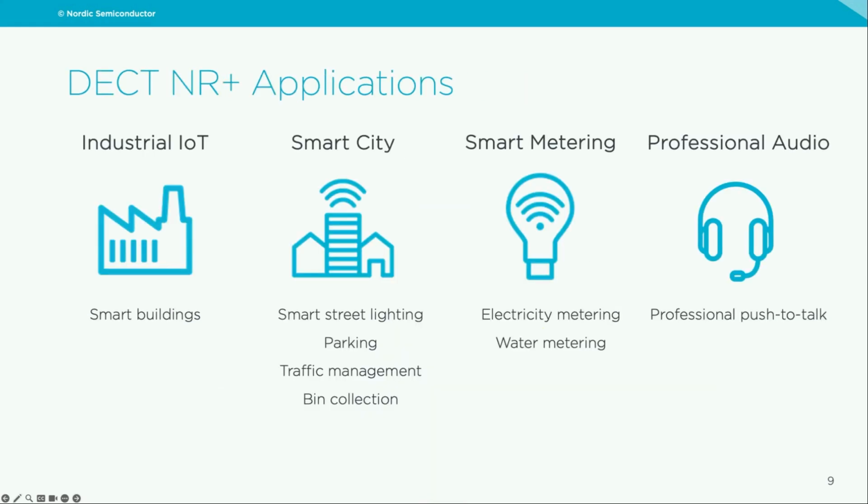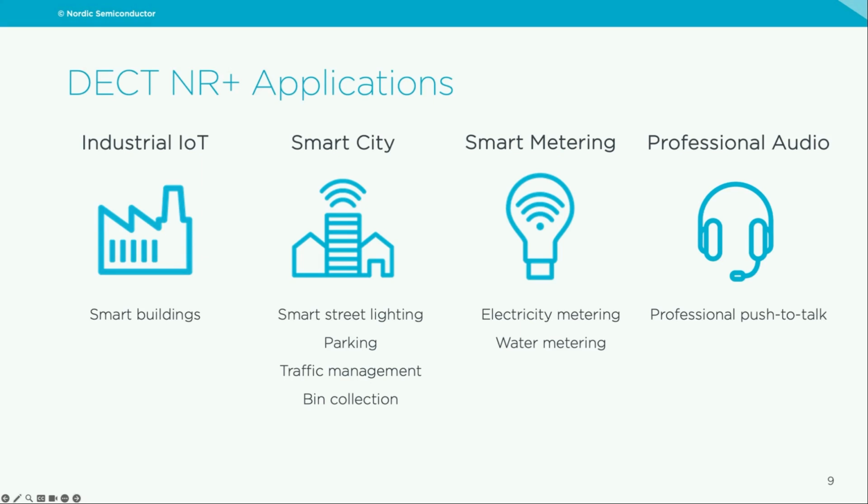So some of these applications that are well suited for this technology. Smart buildings. So this goes a bit beyond the smart home. The smart home is very much a consumer thing where you would need the same technologies that are in mobile phones.